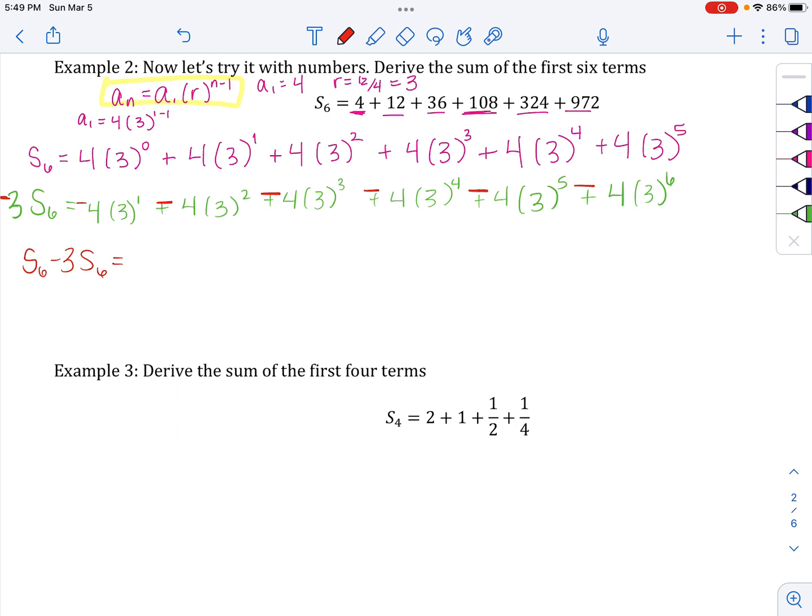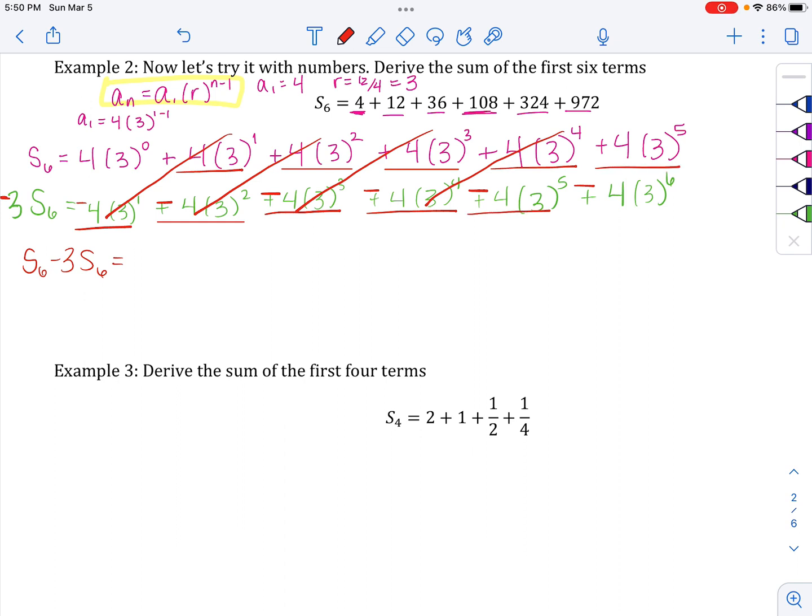equals, now on the right side, we want to look for any terms that cancel. Like 4 times 3 minus 4 times 3 cancels. 4 times 3 squared minus 4 times 3 squared cancels. 4 times 3 cubed minus 4 times 3 cubed cancels. 4 times 3 to the fourth minus 4 times 3 to the fourth cancels. 4 times 3 to the fifth minus 4 times 3 to the fifth cancels.